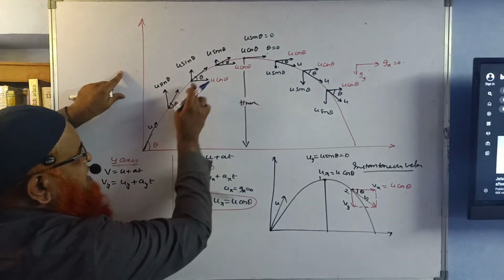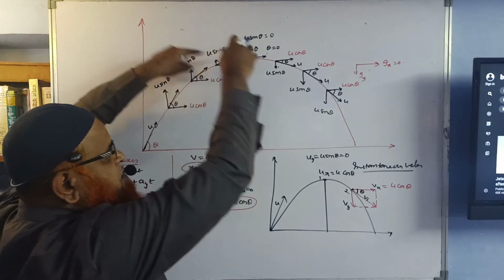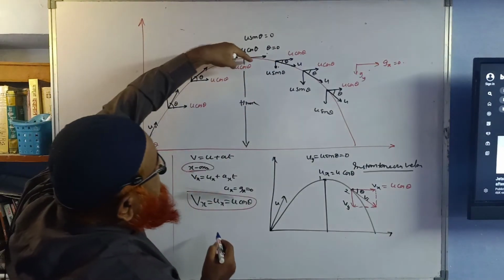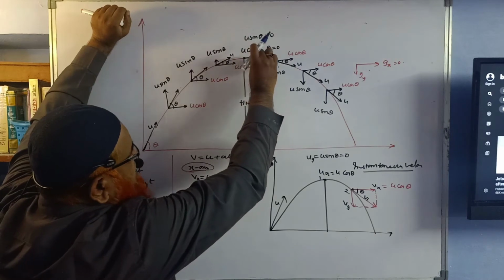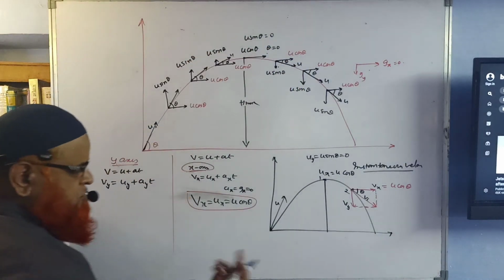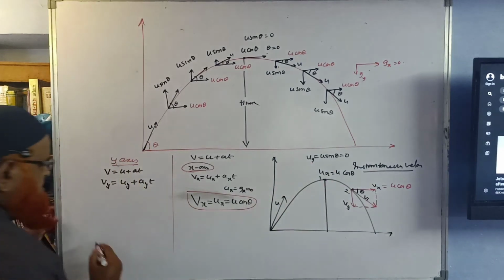Here it is maximum, and as you go up the angle slowly decreases until it becomes 0. That means this vector and U cos theta join together and become a single vector, U cos theta. That's it. This is the concept here. Now let us see what happens further.